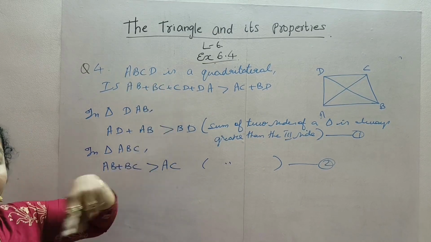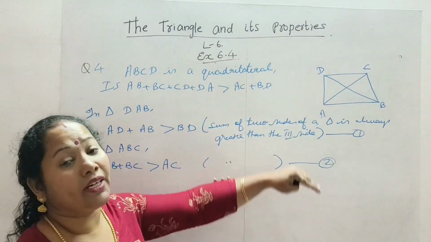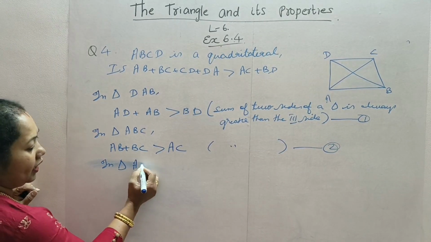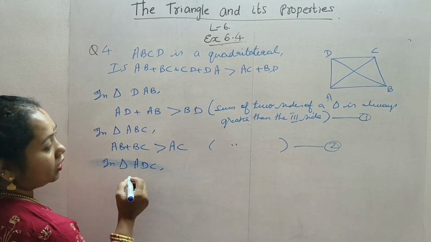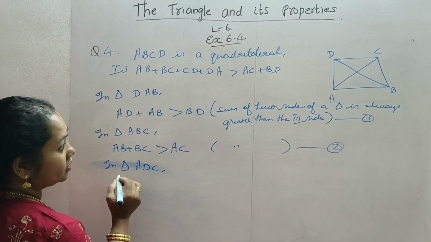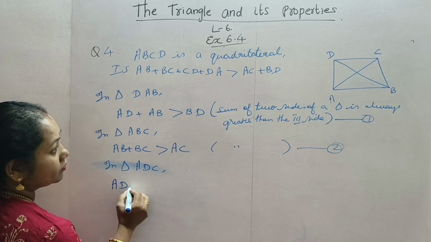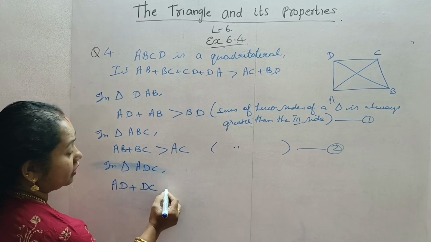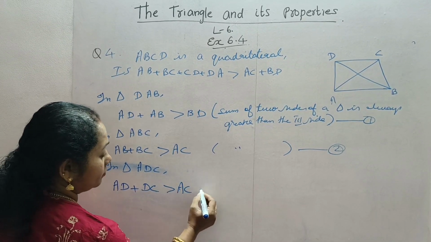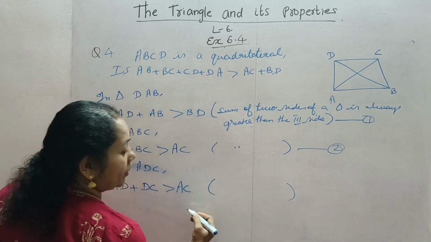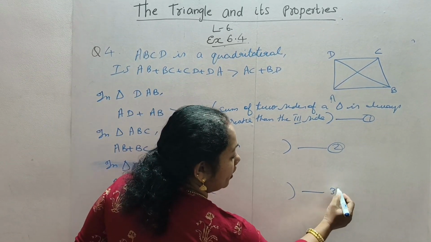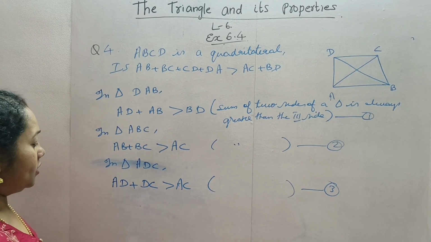Now we have to consider the other triangles with the base as CD. In triangle ADC, the sum of two sides, AD plus DC, is greater than AC. Again the same reason, sum of two sides of a triangle is always greater than the third side.